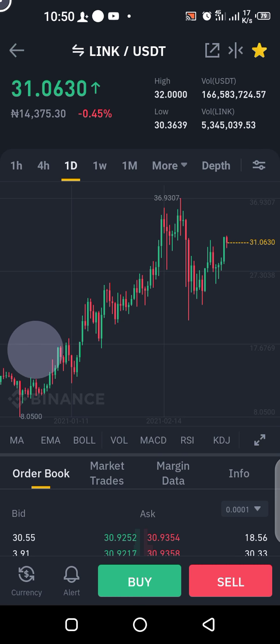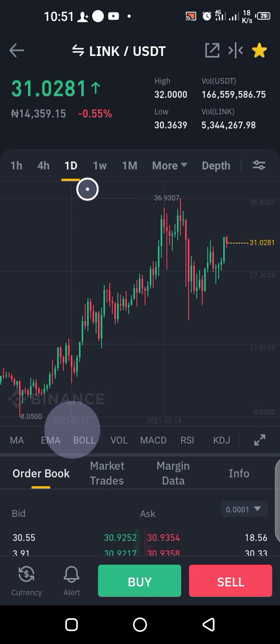When you want to use resistance and support levels, you make use of your top-down analysis also. Start from the bigger time frame, the weekly chart, then go to the daily chart. What's the resistance and support level? Go to the hourly chart. What are the resistance and support levels that have been formed?